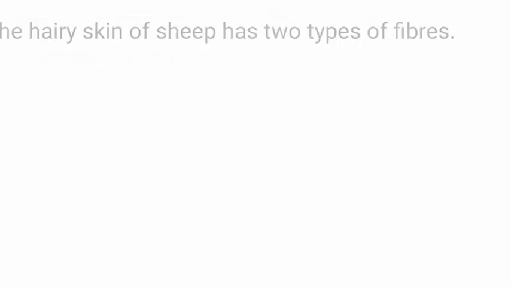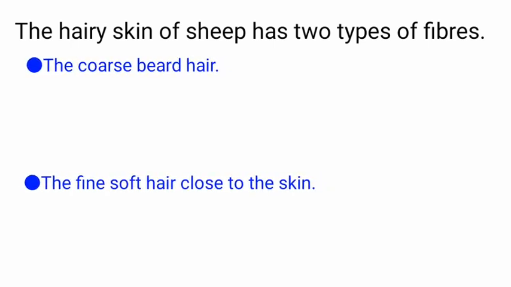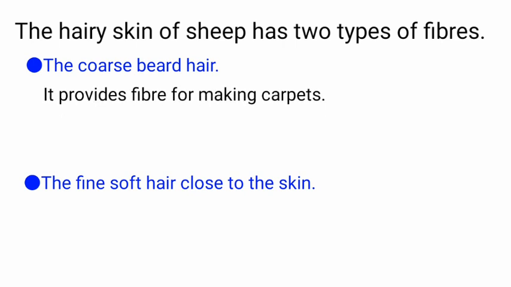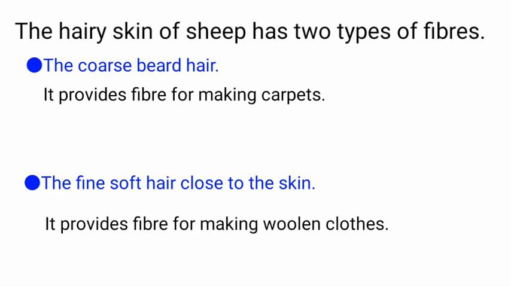The hairy skin of sheep has two types of fibers: the coarse beard hair and the fine soft hair close to the skin. The coarse hair provides fibers for making carpets, and the fine hair provides fibers for making woolen clothes.